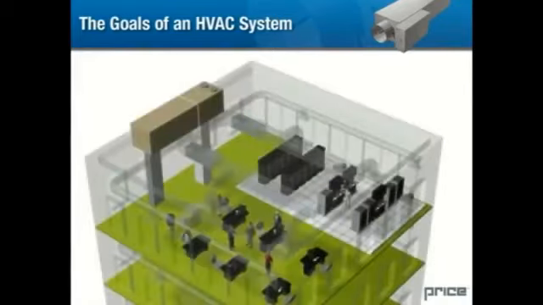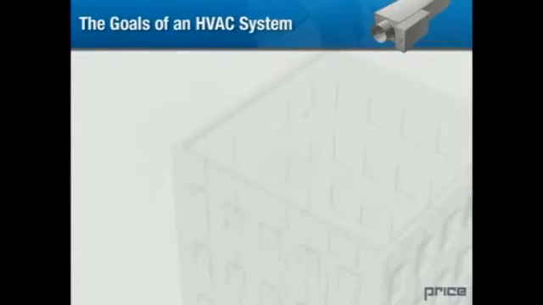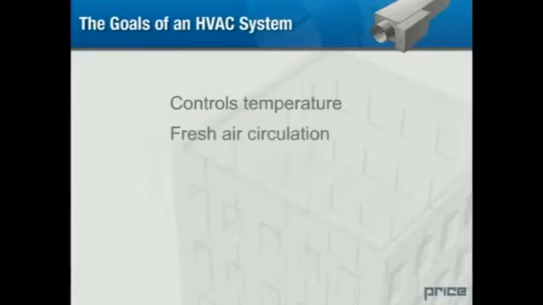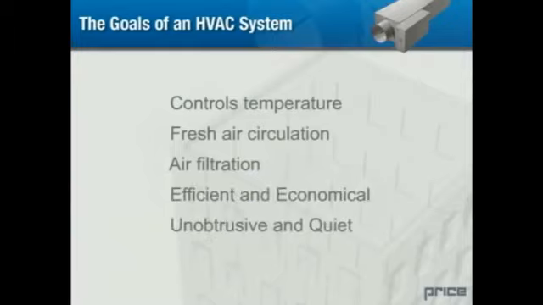By understanding the importance of occupant comfort, we realize the significance of the HVAC system in a building design. It's responsible for controlling the temperature in the environment, providing fresh air to the occupants, filtering out dust and contaminants, while operating in an energy-efficient and unobtrusive manner.